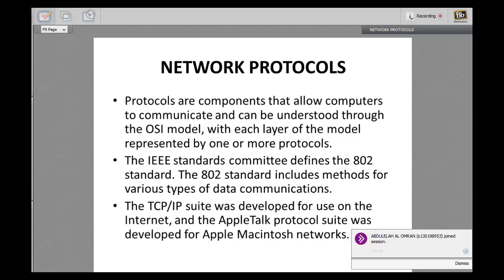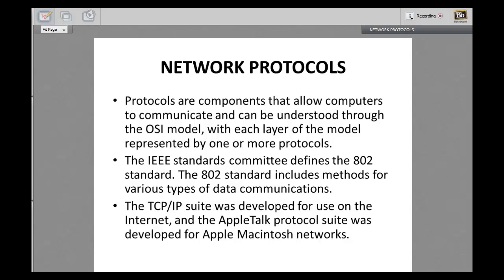You should know the purpose of each of these protocols, what it is intended for. The 802 standard includes the methods for various types of data communication. For example, 802.11 is the wireless, and it has versions. Also, you should know the difference between the versions, 11a, 11g, 11n. There are differences among them.